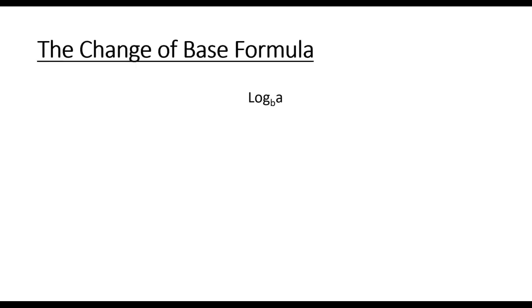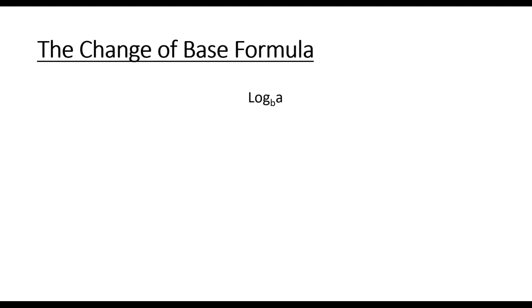So what we're going to do is learn a formula that will change this base from being a 4 to being a 10. That way we can use the calculator to get the answer. All right. So that's what we're doing today. That's a change of base. So it's a formula that helps you do logs that you can't just do mentally using the calculator.